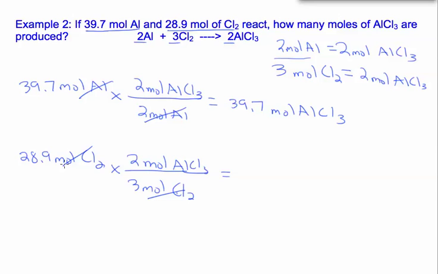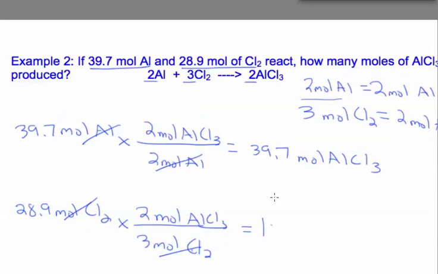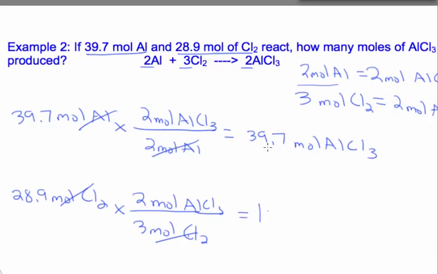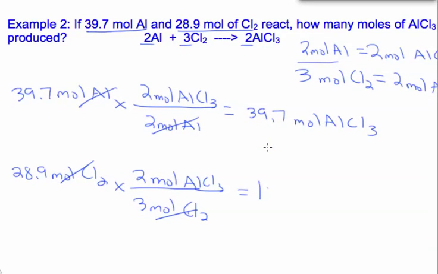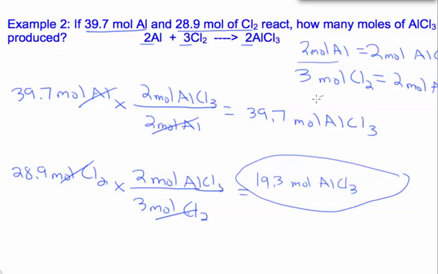We do times 2 divided by 3, and we have enough chlorine to make 19.3, we're sticking with our 3 significant figures, moles of aluminum chloride. So how much will we actually make? We'll make the smaller amount. We can't make 39.7 because our chlorine ran out after we made 19.3 moles.